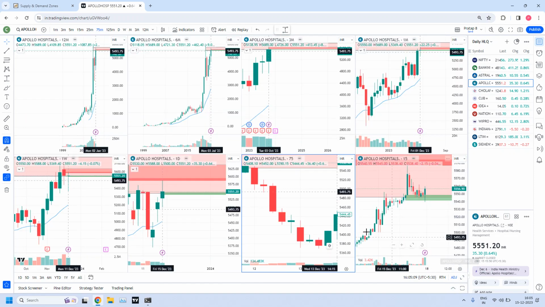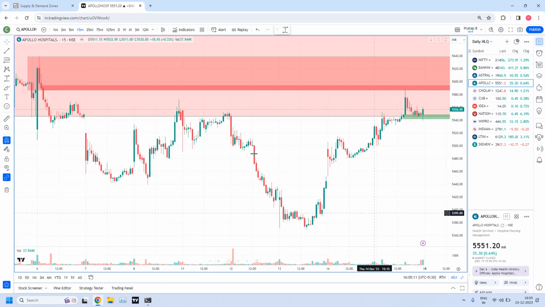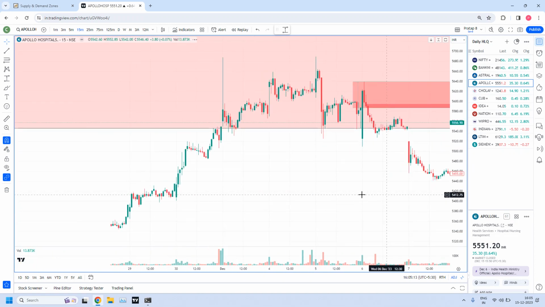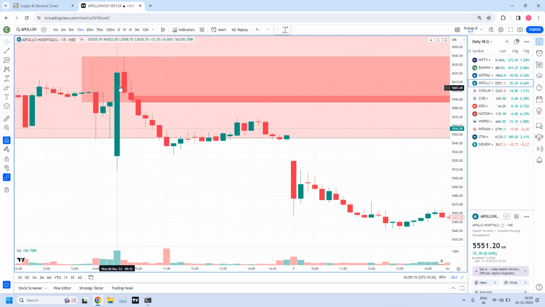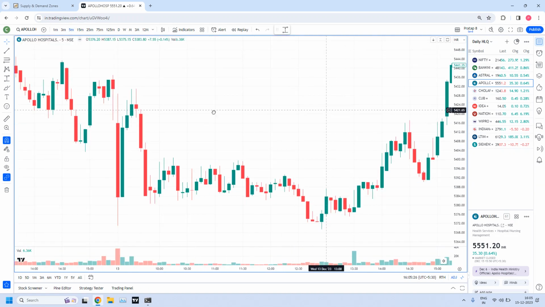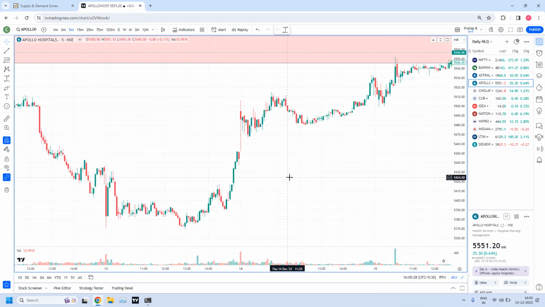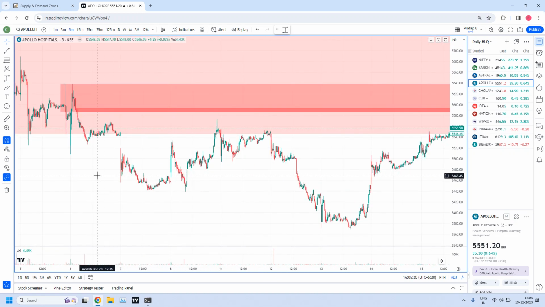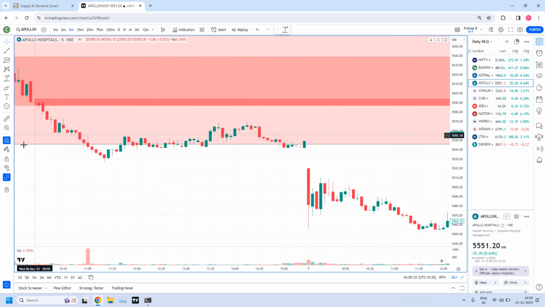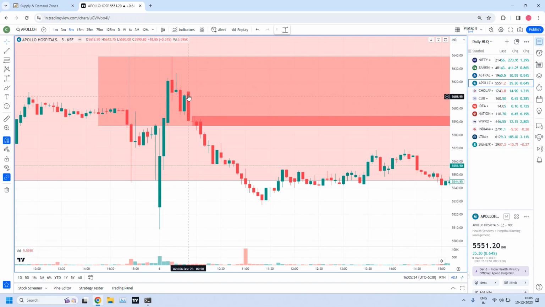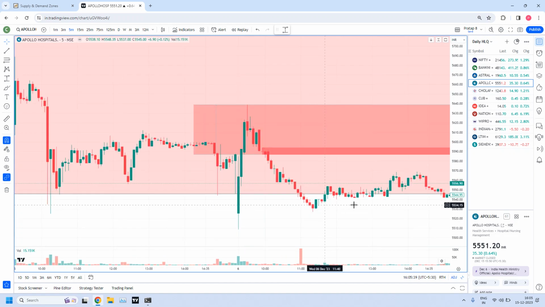Then we went to the 15 minutes time frame and identified a drop base drop. Further, we fine tuned at the 5 minutes time frame to find our entry zone. Look here, we have a drop candle, 2 base candles, and again a drop candle.